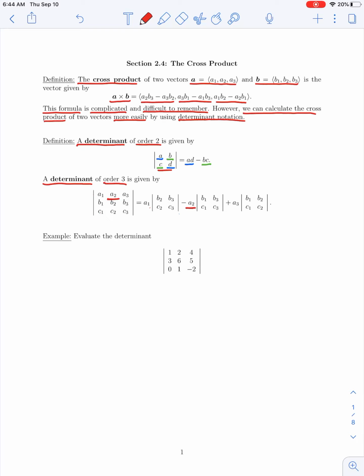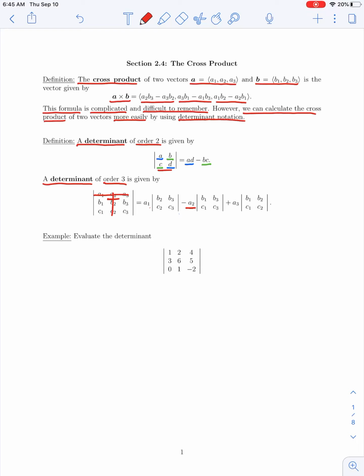So I'm going to subtract the second entry in that first row, A2, times the determinant of the 2 by 2 matrix, B1, B3, C1, C3, which would be the 2 by 2 matrix I get by deleting the row and the column that A2 was lying in.